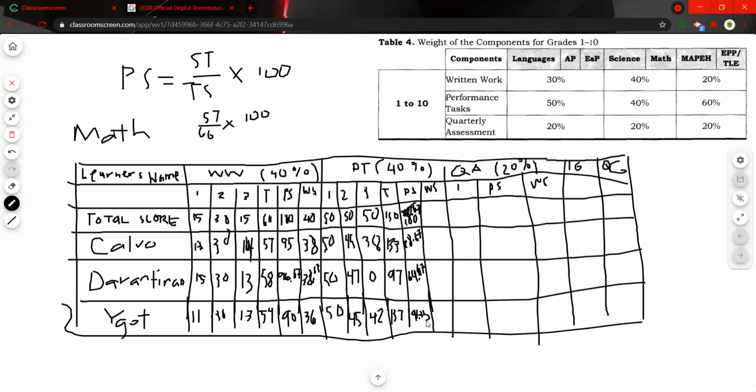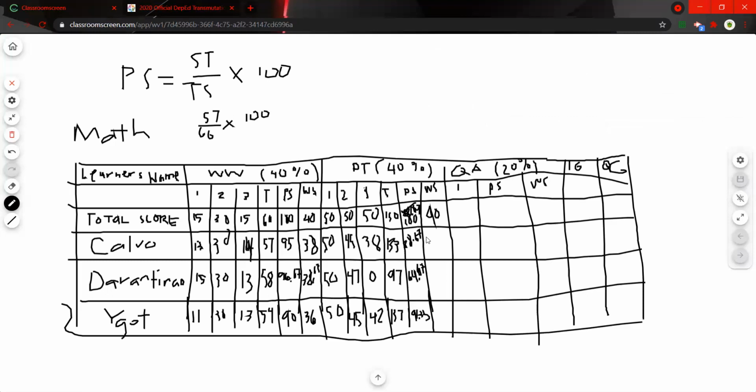So, the percentage score, we multiply by 40%. For 100, that is 40. Then for 88.67 times 0.40, that is 35.47.